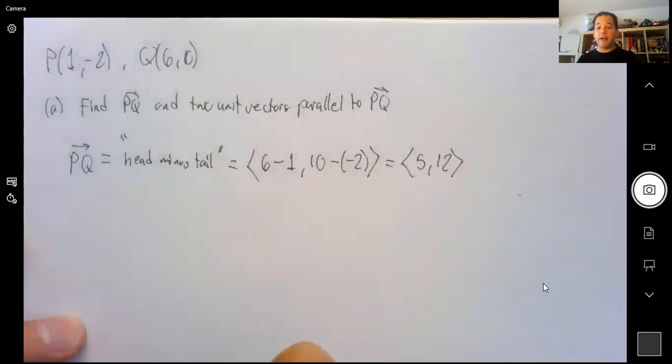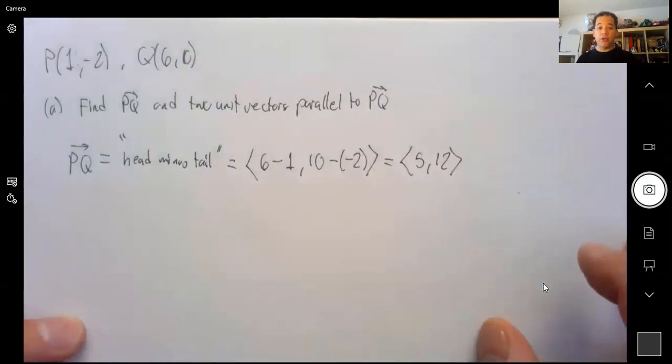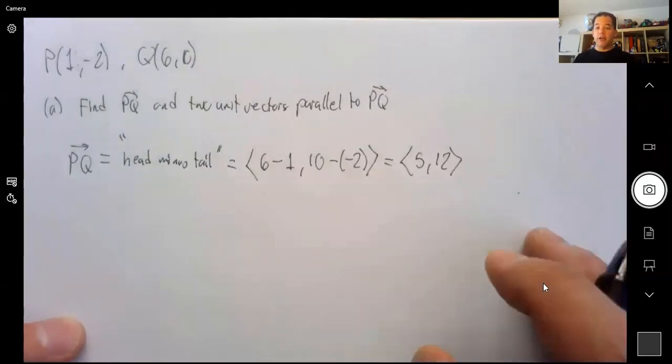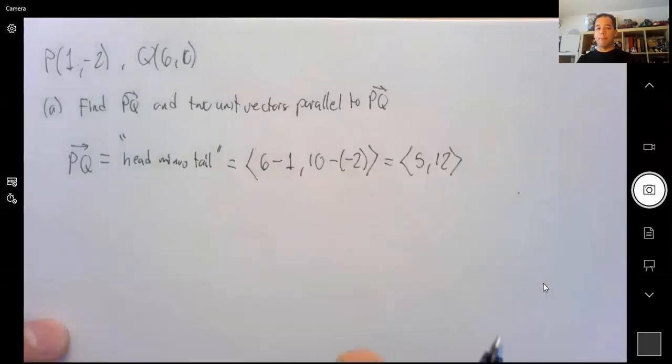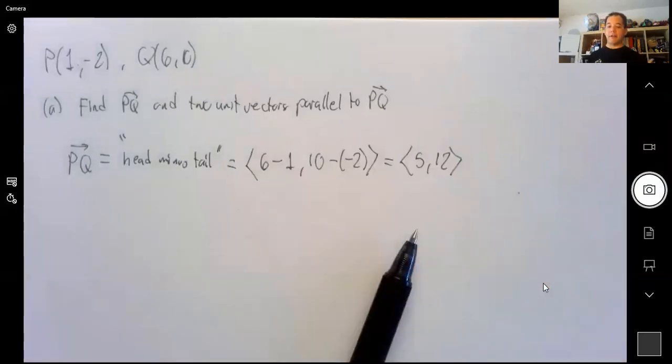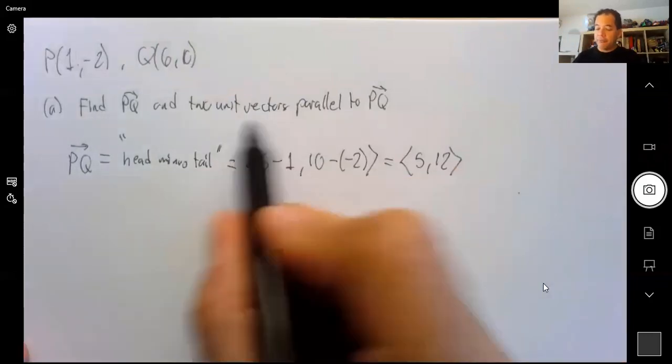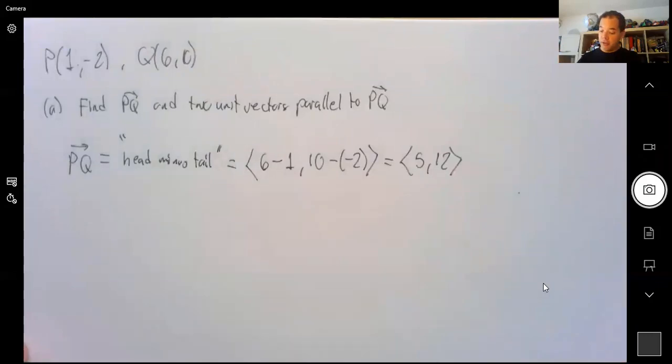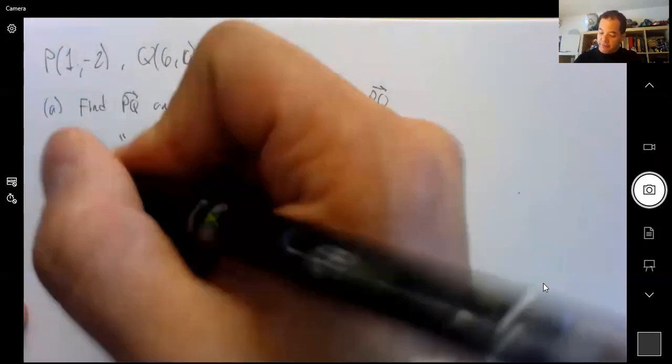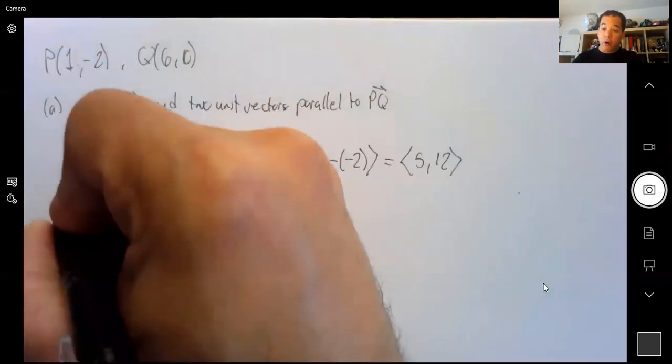All right, and then how do we find two unit vectors parallel to PQ? Parallel means that it's either in the same direction or the opposite direction, right? We already know how to find one in the same direction. The only thing we need to do is multiply by 1 over the magnitude.